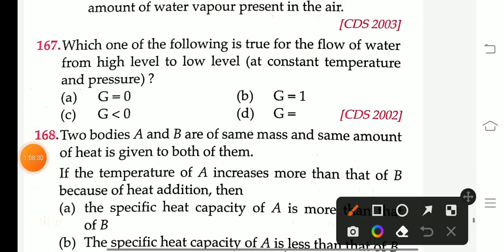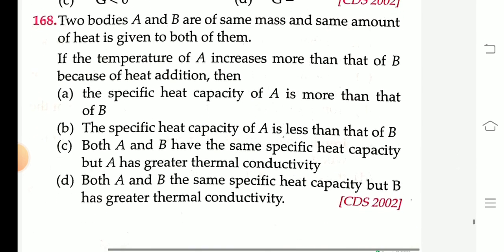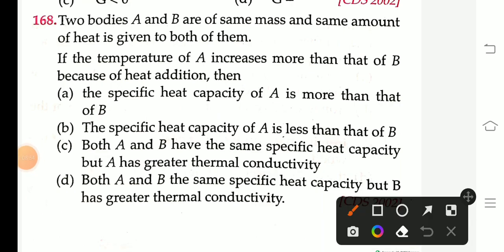Next, which one of the following is true for the flow of water from high level to low level at constant temperature and pressure? Right answer will be option C, G less than 0. Next, two bodies A and B are of the same mass and the same amount of heat is given to both of them.